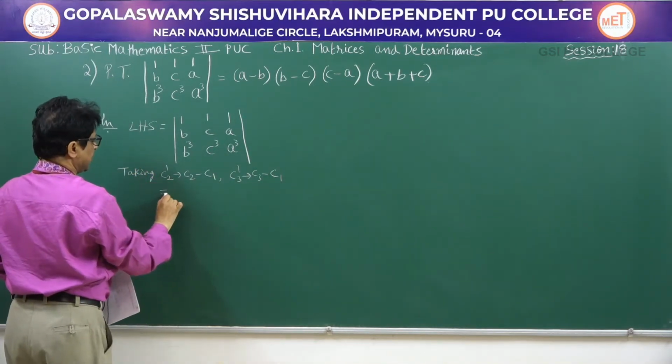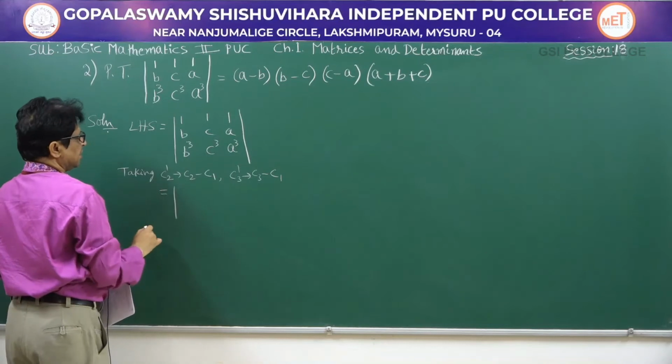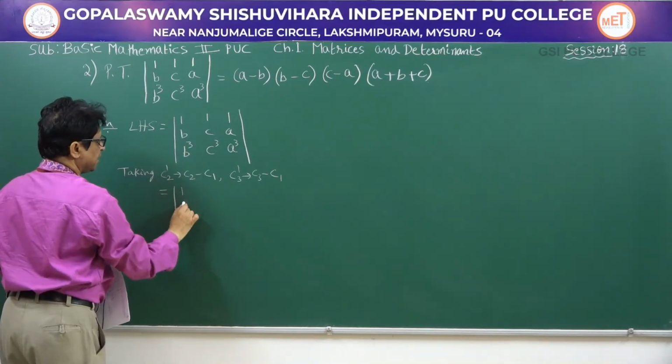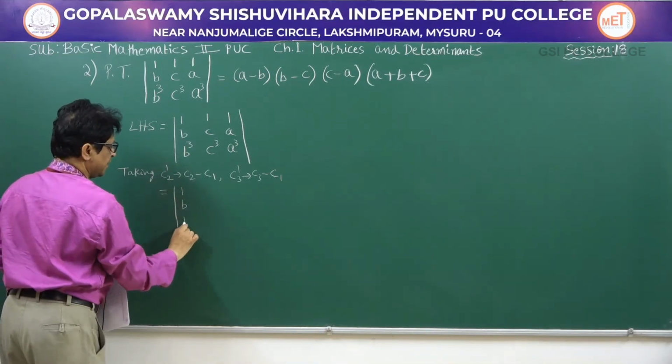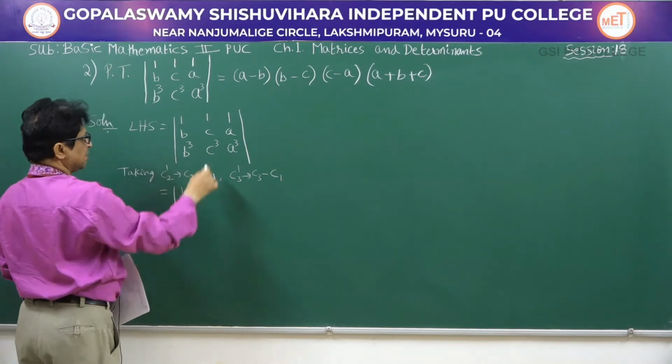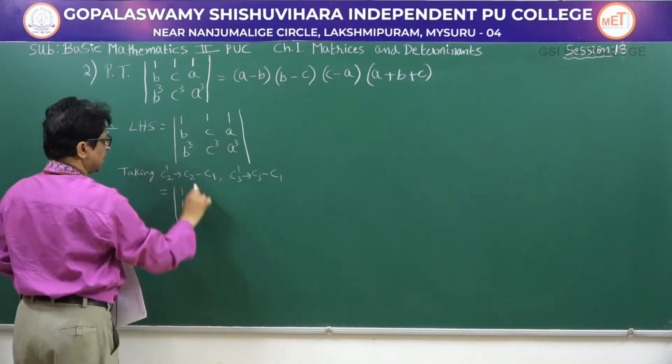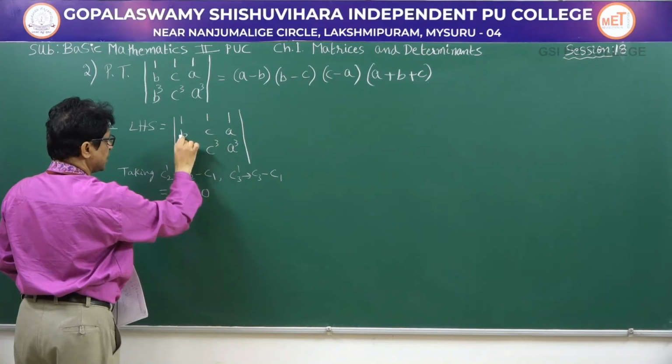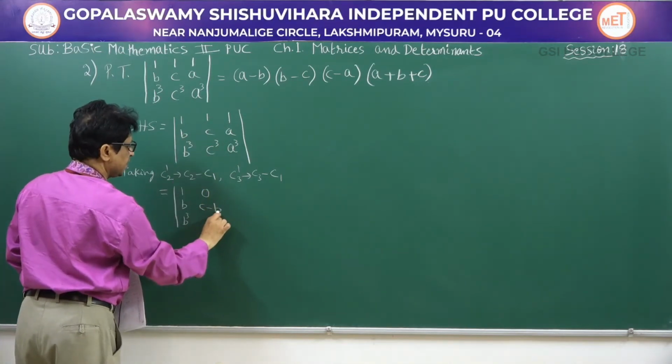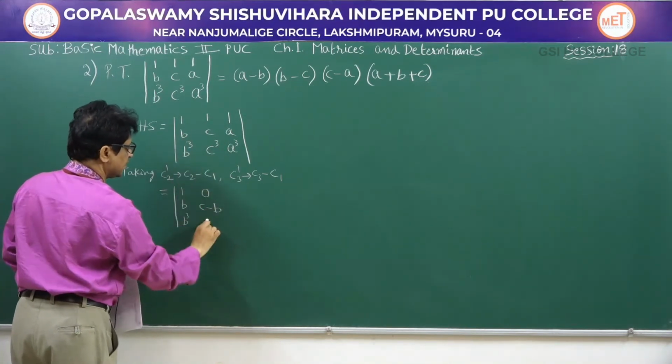So that will be equal to, so here the first column remains as it is 1, B, B cube. The second column becomes 1 minus 1 0, C minus B, C cube minus B cube.